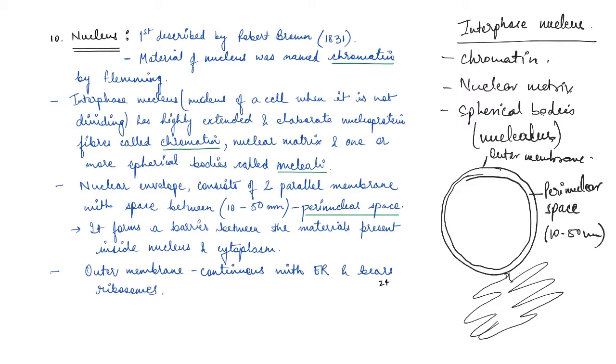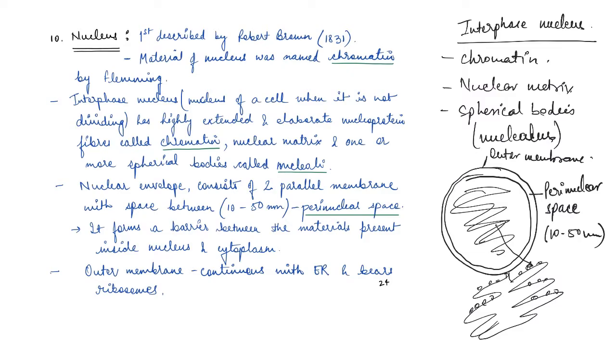And this endoplasmic reticulum bears ribosomes, and these are sites of protein synthesis, right? So basically the DNA and RNA are present inside, and they are transferred outside into the cytoplasm for translation, for protein synthesis, right? So the outer membrane is in continuation with the endoplasmic reticulum, which has ribosomes.